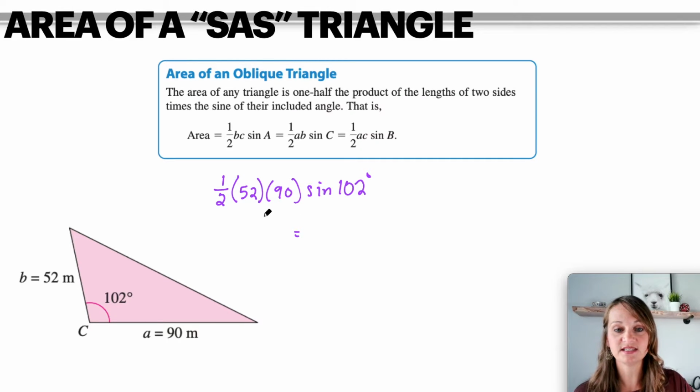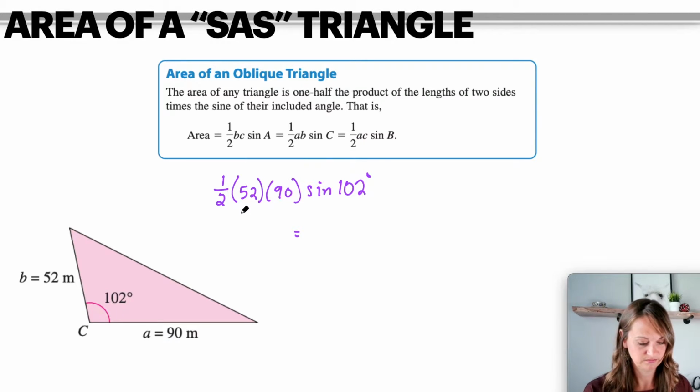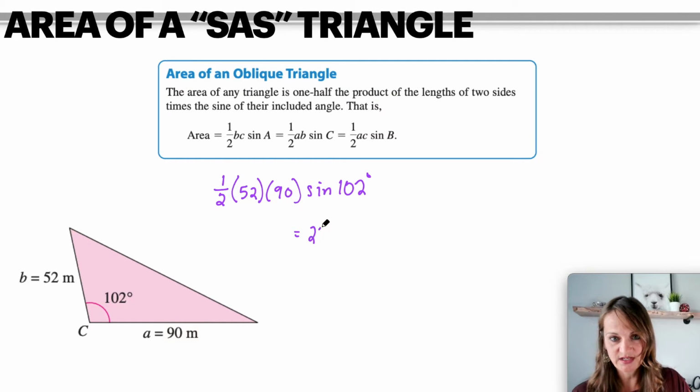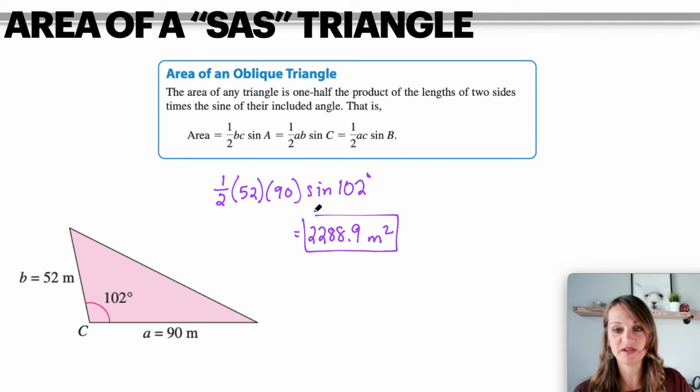If you type all this into the calculator, you will get the area of this triangle, which is 2288.9 meters squared. It should be squared because this is the area of a triangle. And that's it. That is all you have to do.